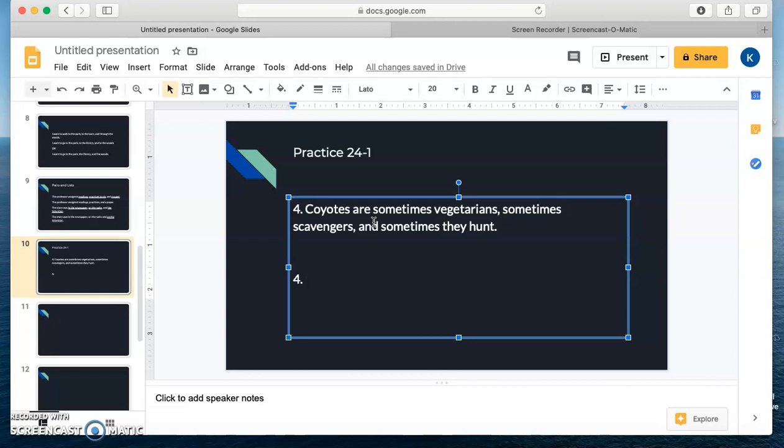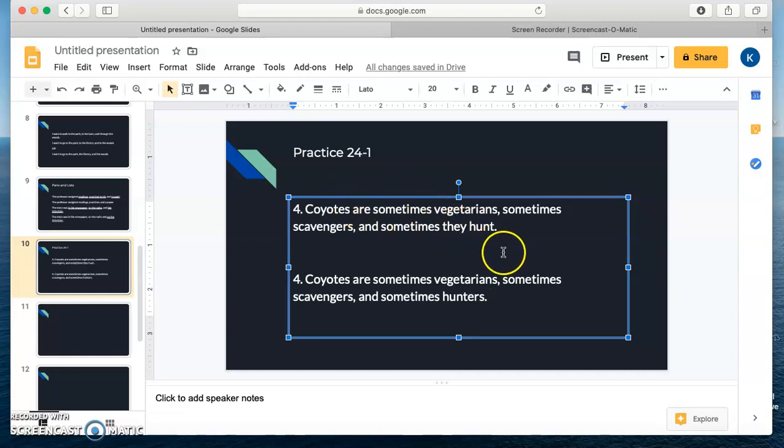Your answers might vary a little bit, but as far as simplicity's sake is concerned, your answer will probably be coyotes are sometimes vegetarians, sometimes scavengers, and sometimes hunters.